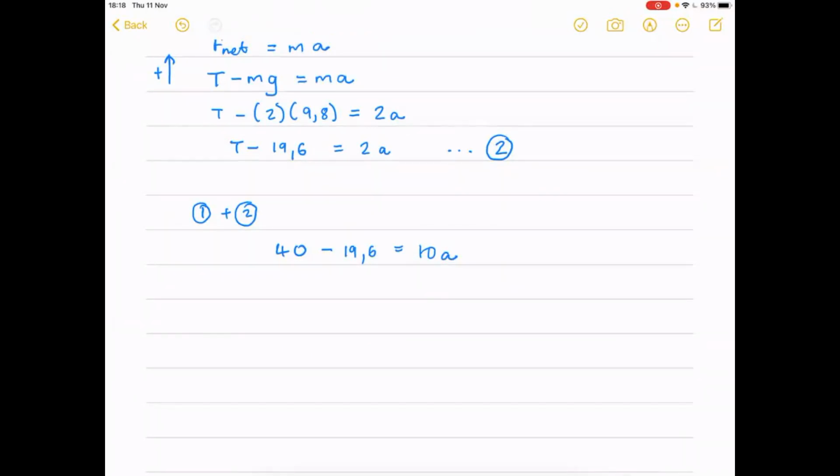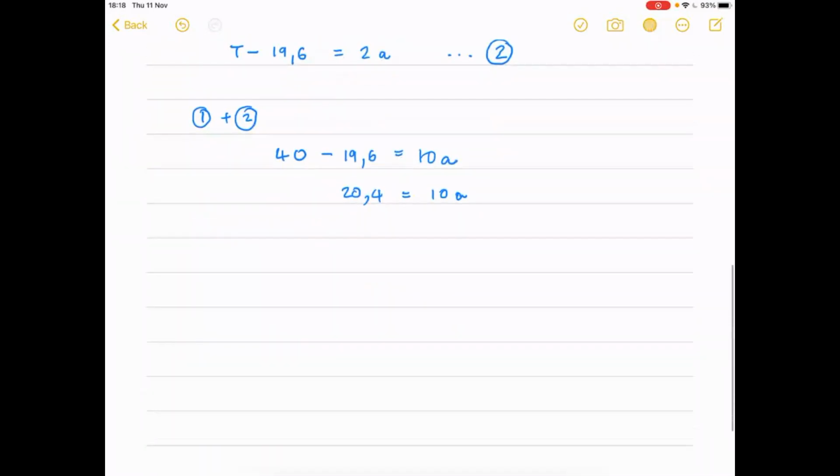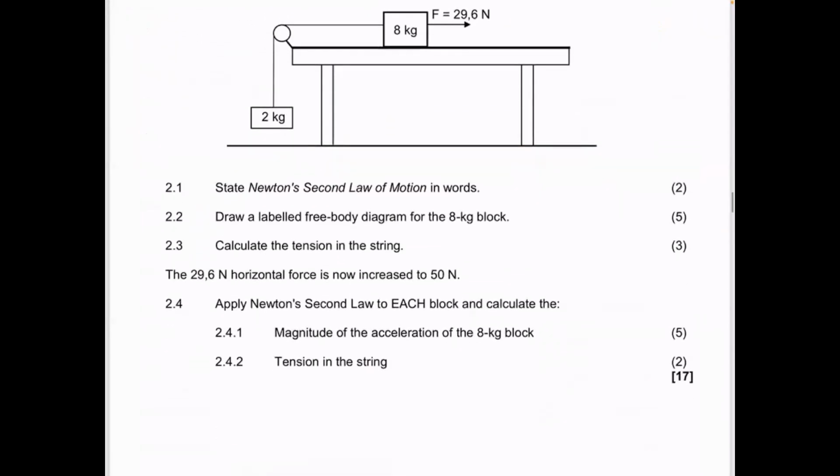Okay, so 20.4 is equal to 10a, and you can solve this whichever way works for you. a is equal to 2.04 meters per second squared. And that is how we find the acceleration of the block. So that's 2.4.1, the magnitude of the acceleration of the 8 kg block.